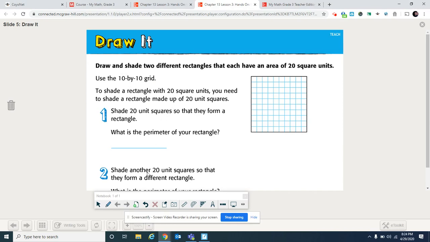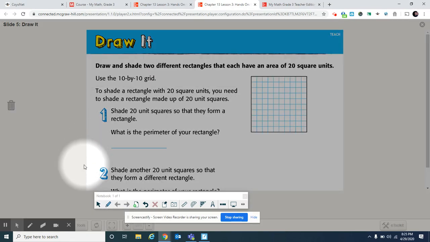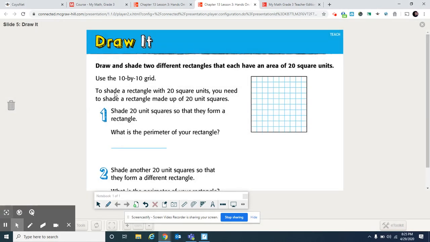So, the first example: we need to draw and shade two different rectangles that each have an area of 20 square units. Now we'll be using a 10 by 10 grid.